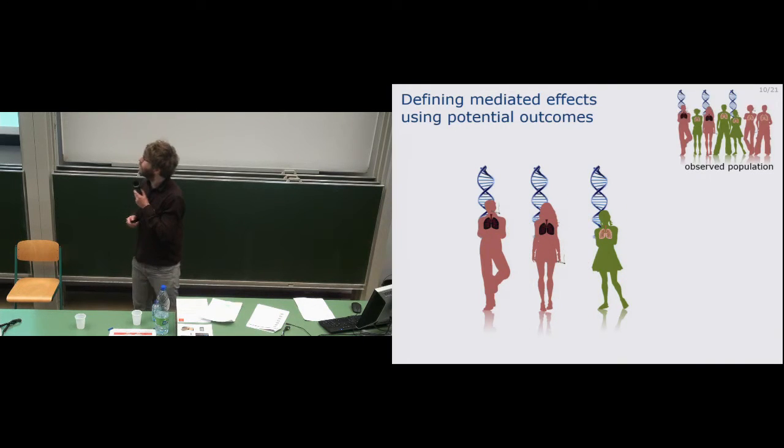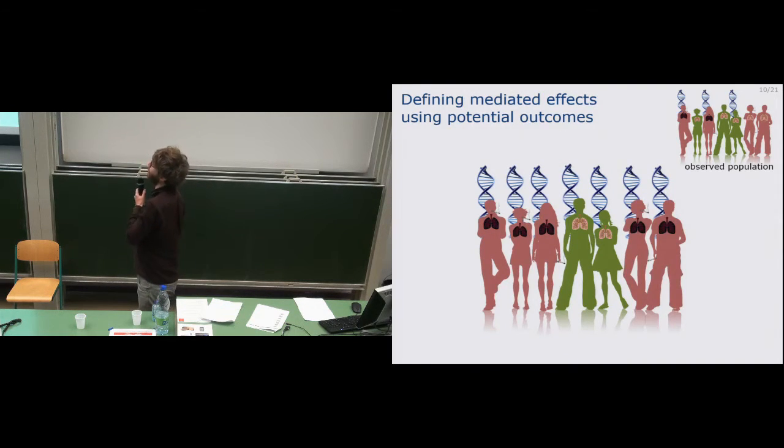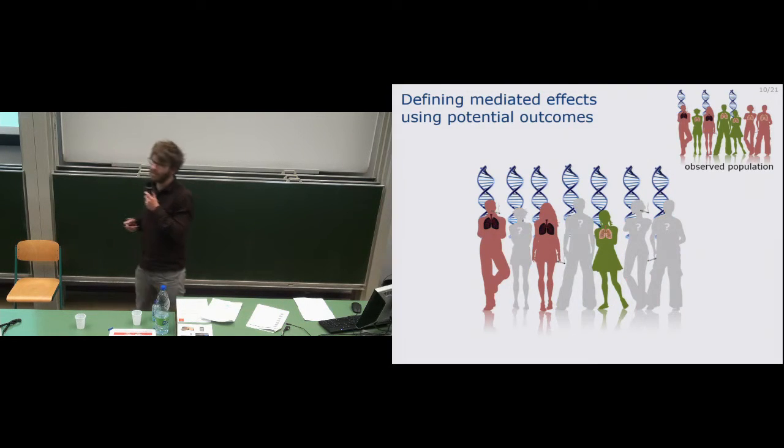Let's focus on the non-carriers and try again to imagine a hypothetical situation in which everyone would be carriers. Under this scenario, it's very likely that non-carriers have a different smoking status and lung cancer risk than what we actually observe. However, in reality, we do not observe these potential outcomes.